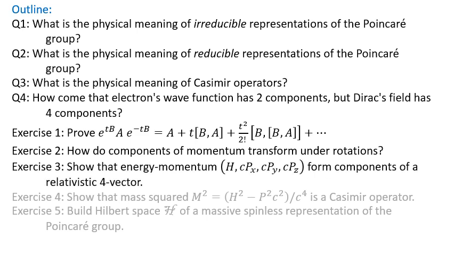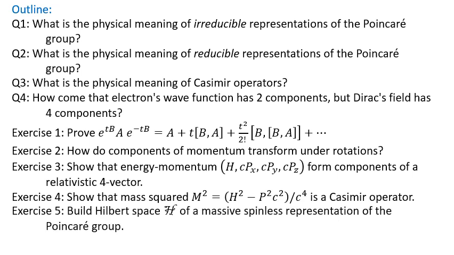In exercise 3, we will show that energy and momentum form components of a relativistic 4-vector. Next, show that mass squared is a Casimir operator. And finally, we'll build the Hilbert space of a massive spinless representation of the Poincare group.